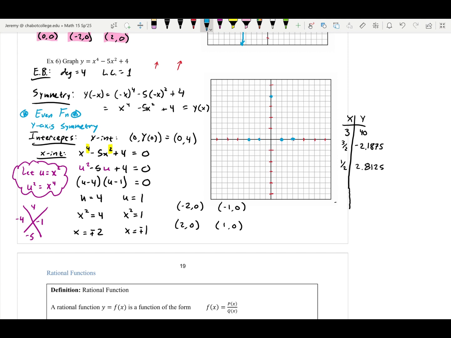So 1/2, 2.8 something, so around here. Put in 3 over 2 and I got negative 2.1 something, so around here. And then 3, I'm all the way up at 40, so it just gets really large, really fast over there. So the right branch looks something like this.